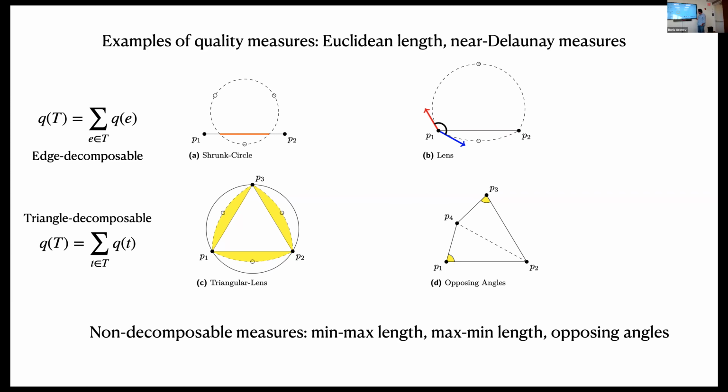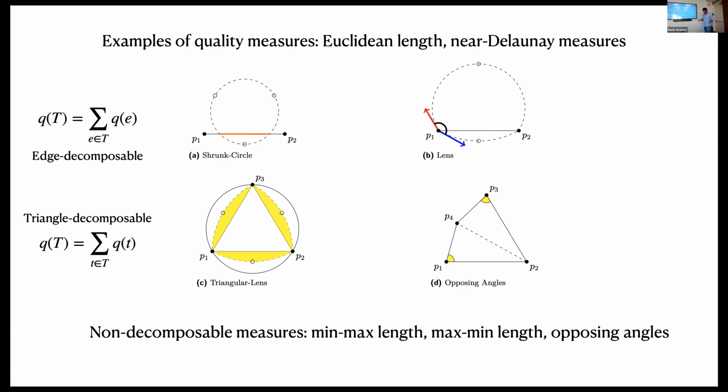But for example, this opposing angle. So what is this measure? The Delaunay measure of an edge is that you sum up the opposing angles of the two triangles adjacent to this edge. And now this measure depends on other triangles in the triangulation also. I cannot write the quality measure of my whole triangulation as just an individual sum over triangles in my triangulation. So we call these measures decomposable.